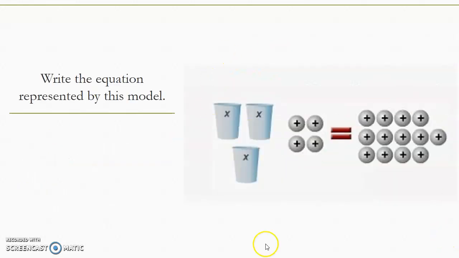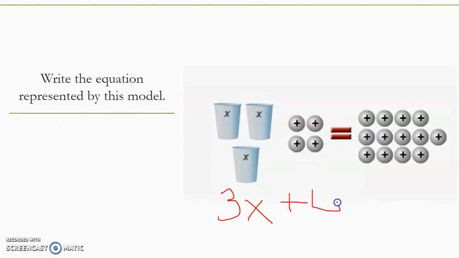Okay, so here's an example. We've got these cups, and then we have these little circles. Remember I told you that the bigger objects are going to be your variables. So we have 1, 2, 3. That would be 3x. And then we have 4 positives. It's telling us it's positive.